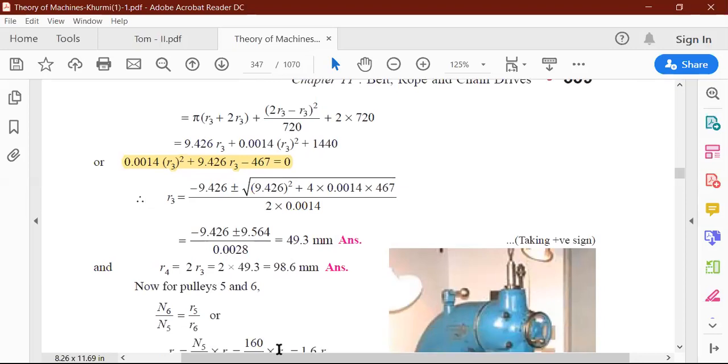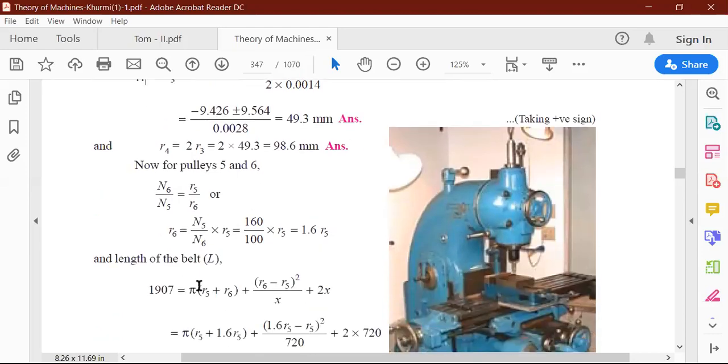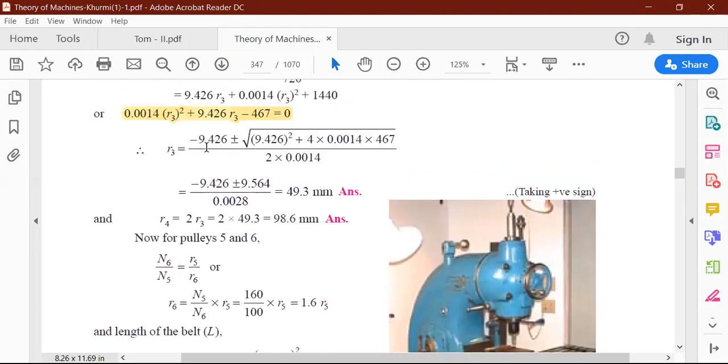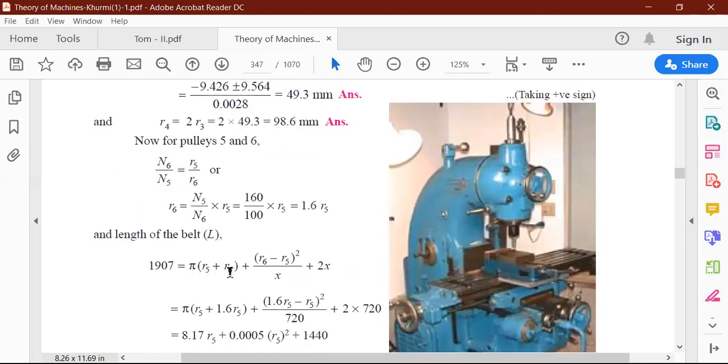Similarly, we apply this condition for pulleys 5 and 6. Again, writing the speed ratio, n6 divided by n5 is equal to r5 divided by r6, we get one equation, that is r6 equal to 1.6 r5. Similarly, we put this value and compare with the length, L is equal to pi into (r5 plus r6) plus (r6 minus r5) whole square divided by x, plus twice x.